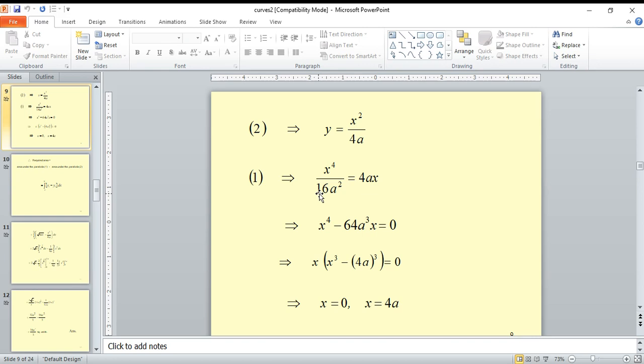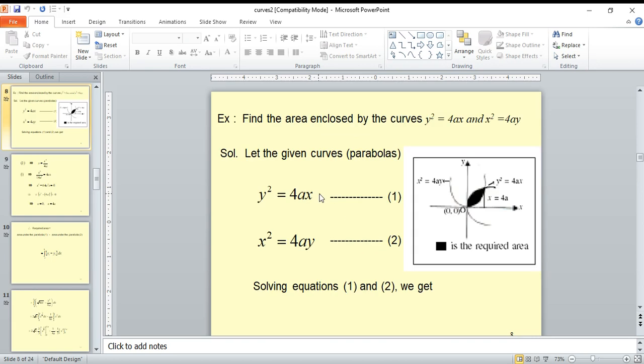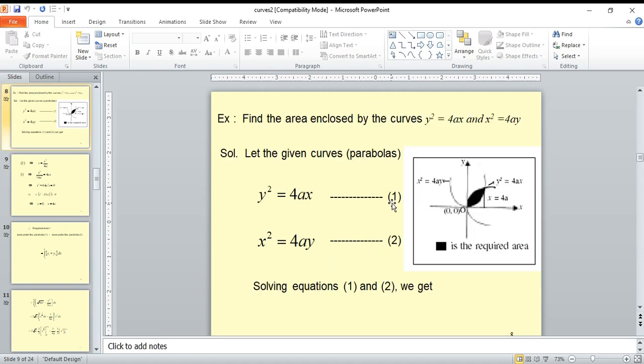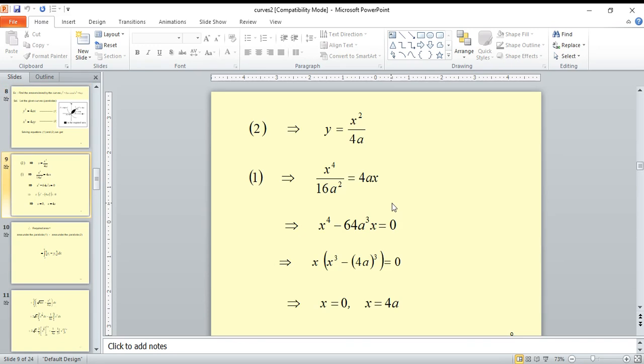So in this, we are getting another way. y square equal to 4ax is 1, x square equal to 4ay is 2, solving equations 1 and 2. From 2, y equal to x square by 4a.